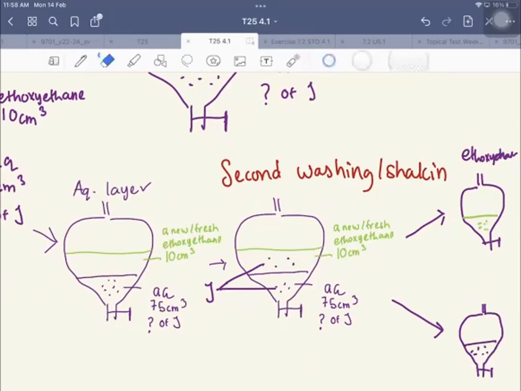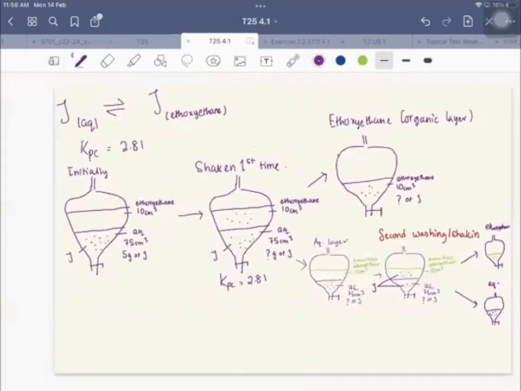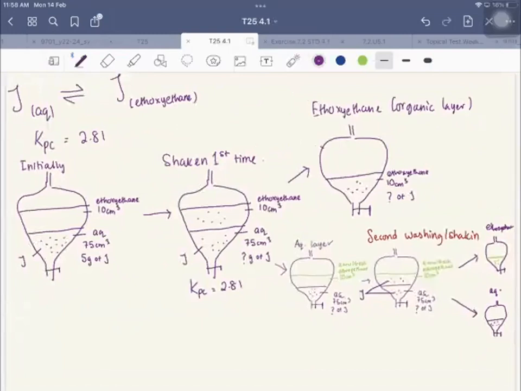Sorry, not organic. It should be aqueous. So this is actually what's happening. Before we do the question, we go through again the question alongside with the diagram.